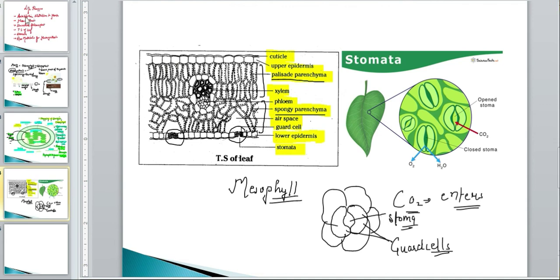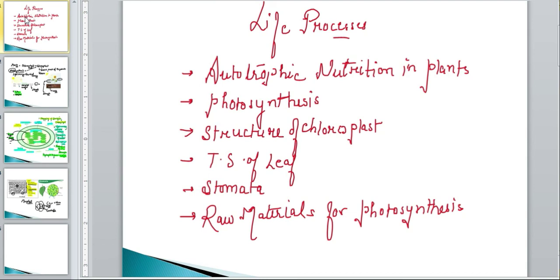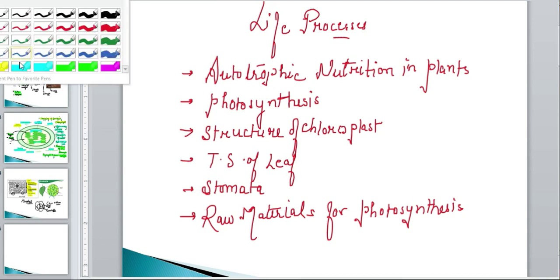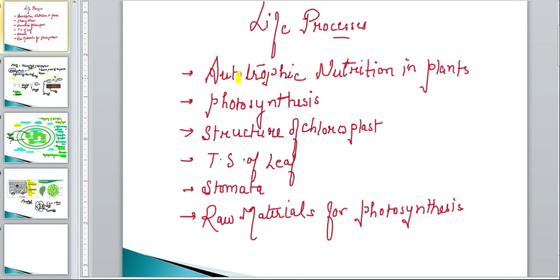And I have planned to cover these many points, which I think I have covered. What is autotrophic nutrition? That is the nutrition in which the plants are able to photosynthesize, they are able to make their own food. We have discussed the process of photosynthesis in detail, along with the equation and raw materials.